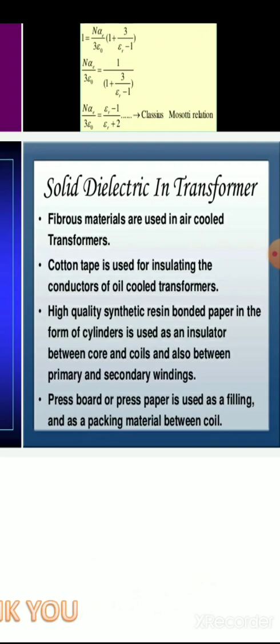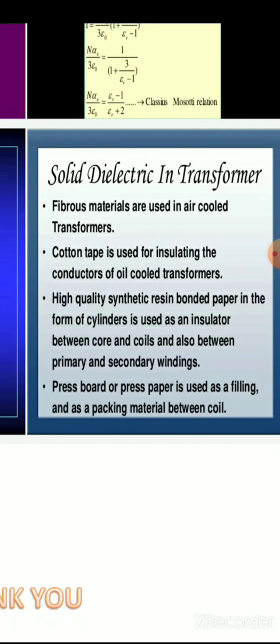High quality synthetic resin bonded paper in the form of a cylinder is used as an insulator between core and coils, and also between primary and secondary windings. Pressboard or press paper is used as a filling and packing material in oil.